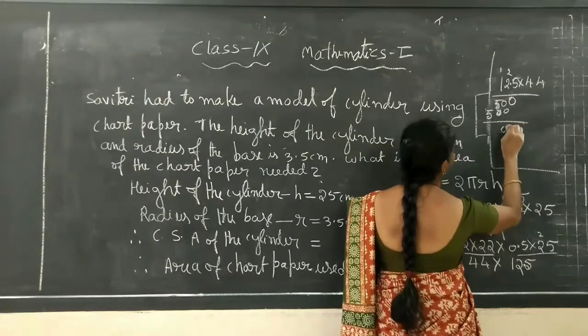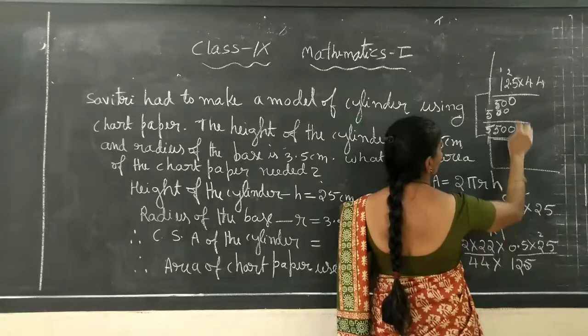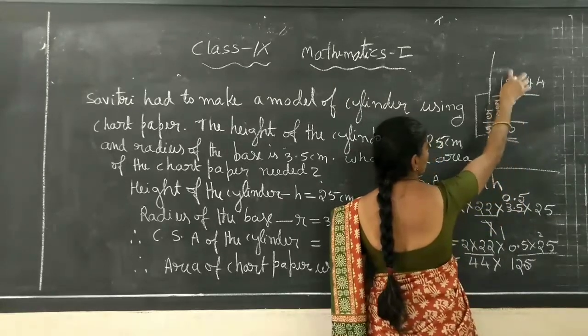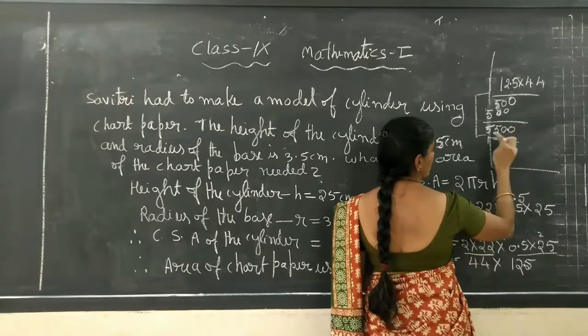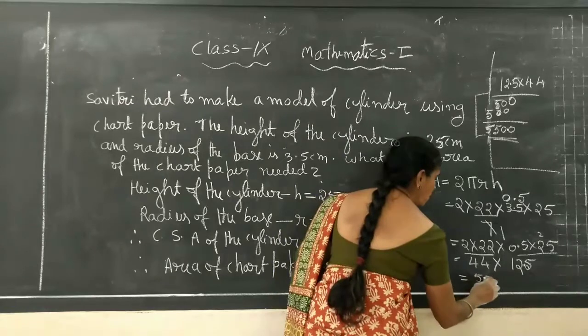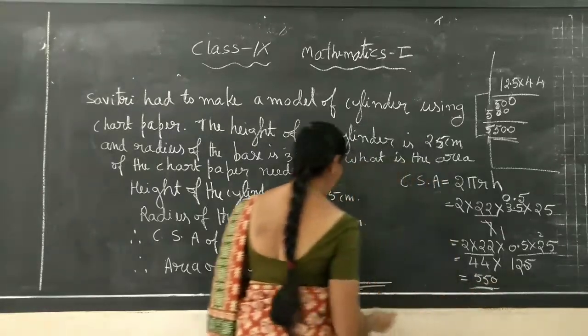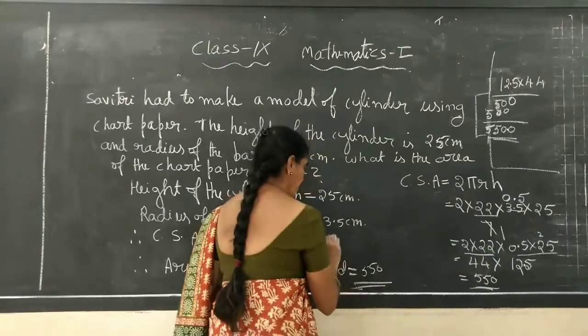After one place the decimal point is there, so from your right side put the decimal point after one place. So 555.0 is the same as 550.